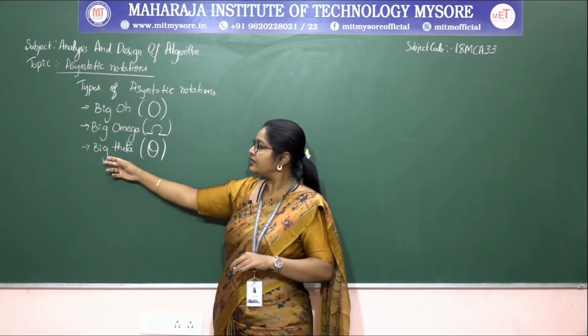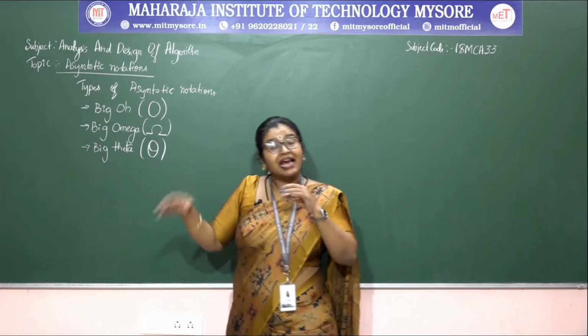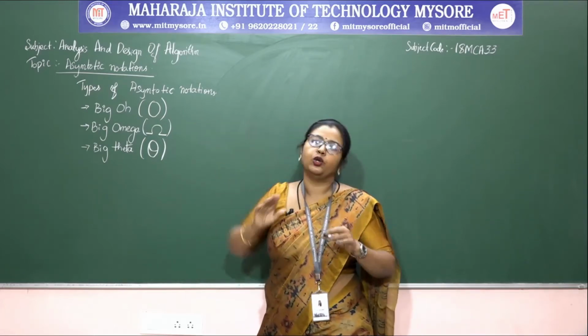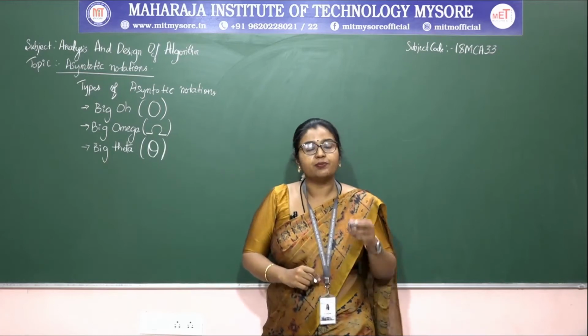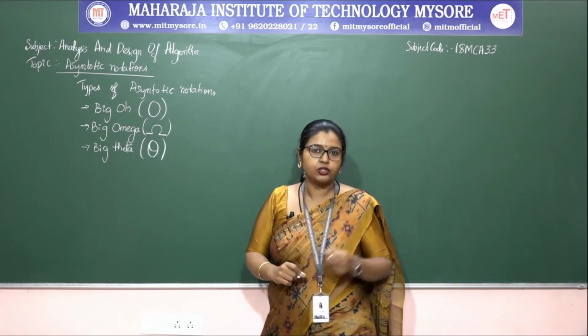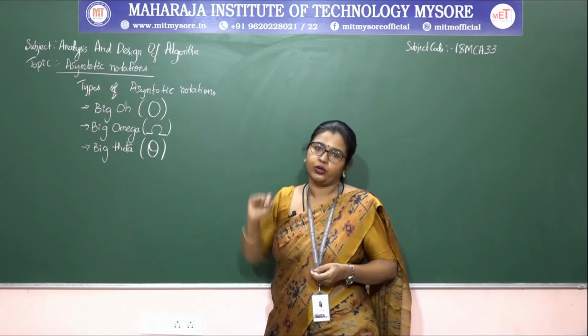Big theta is going to lie between the upper bound and lower bound. So here let me take one by one, that is big O notation. How we are going to represent the algorithm efficiency in terms of big O notation.